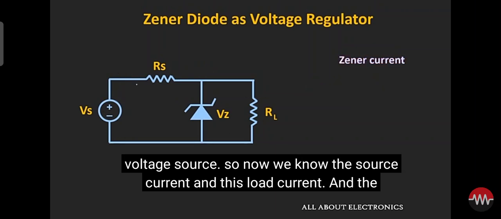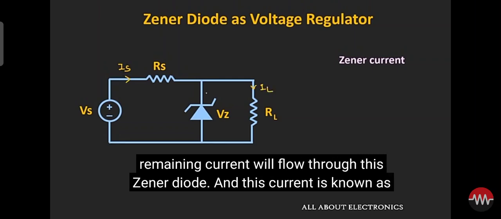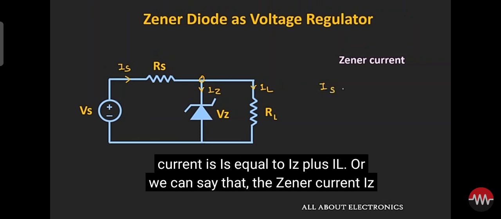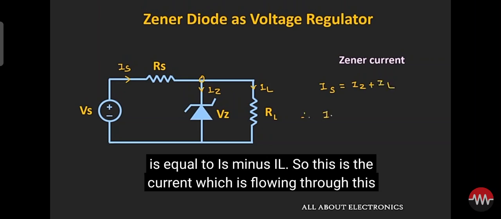So now we know the source current and this load current, and the remaining current will flow through this Zener diode, and this current is known as the Zener current. So if we apply the KCL at this node, then we can say that this current IS is equal to IZ plus IL, or we can say that the Zener current IZ is equal to IS minus IL.